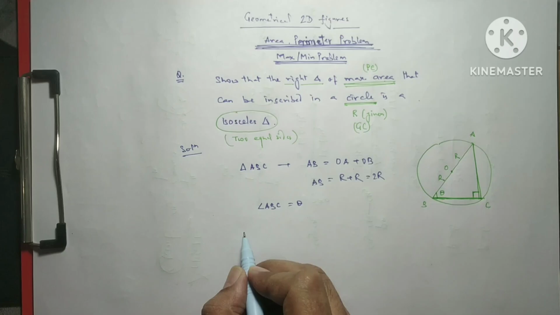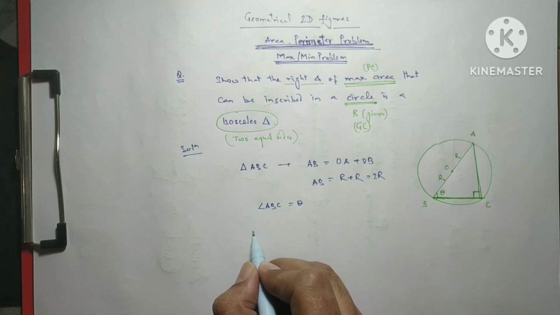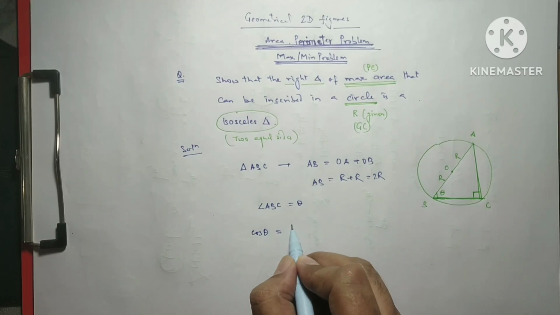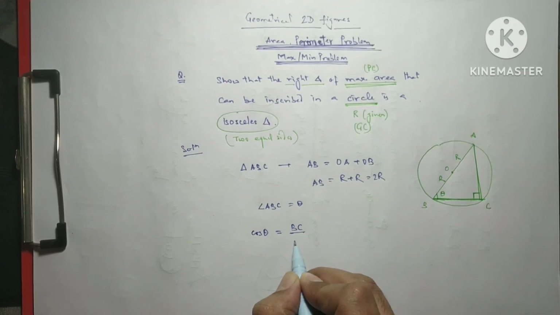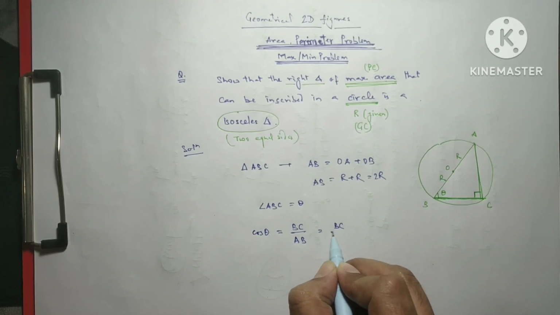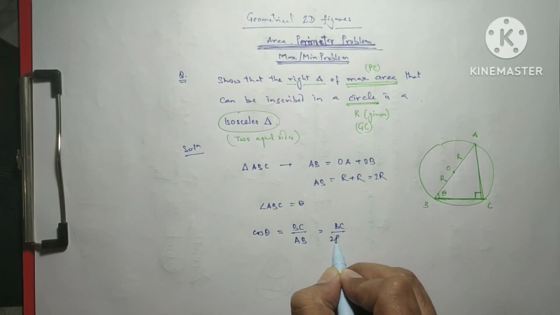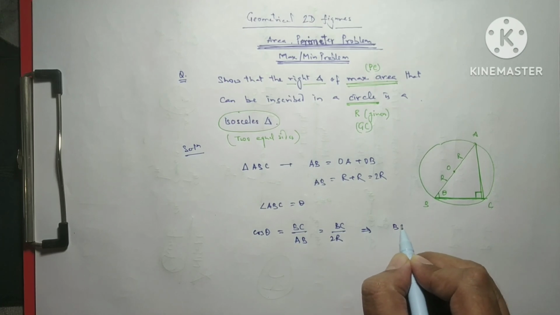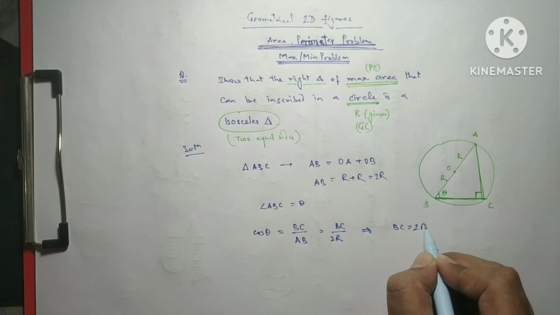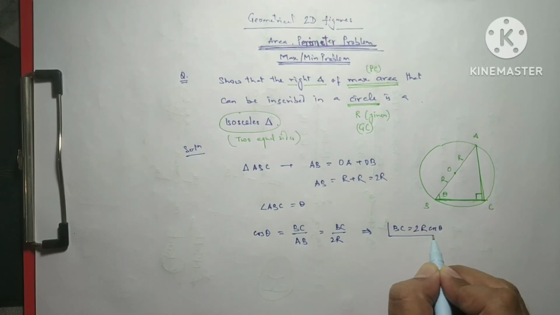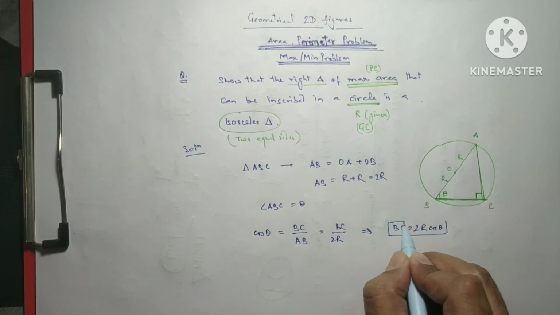So when we apply sine theta or cos theta, it is cos theta. Cos theta in triangle ABC will be base BC over hypotenuse AB. So it is BC over 2R. So the result is BC is 2R cos theta. It is the first information.